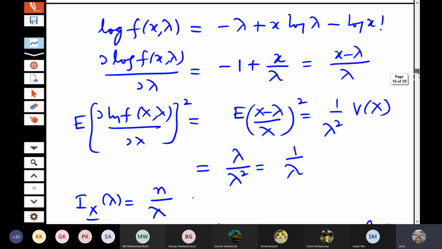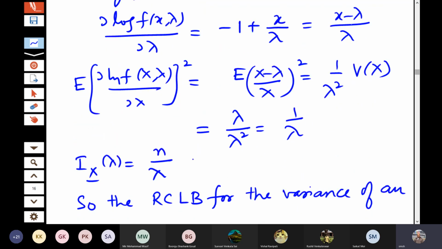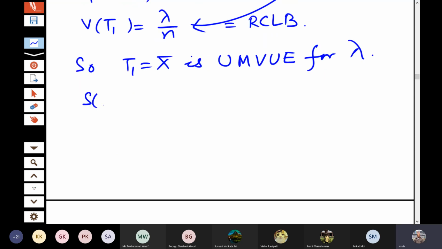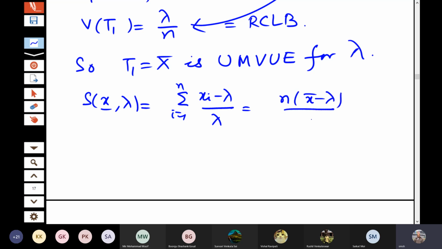Again, this part you could have guessed from here also, because this is a linear function of x. If I am considering S(x, lambda), see here I have written for one term, but if I write for the full sample, what it will become? It will become sigma i equal to 1 to n, xi minus lambda by lambda. That is basically n times x bar minus lambda by lambda. So this is a linear function of x bar.